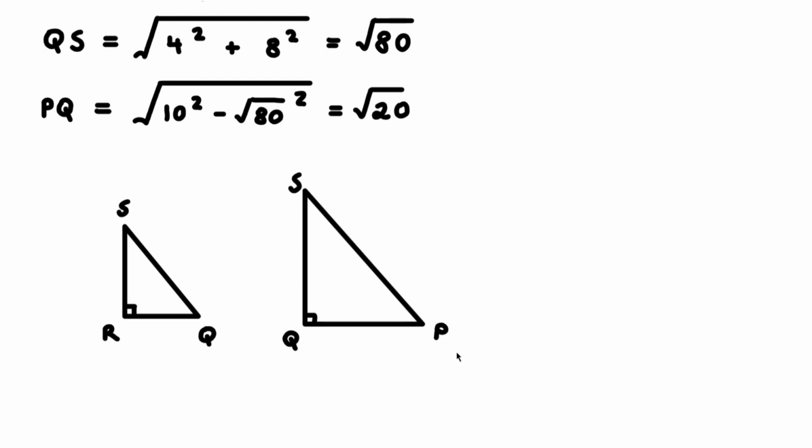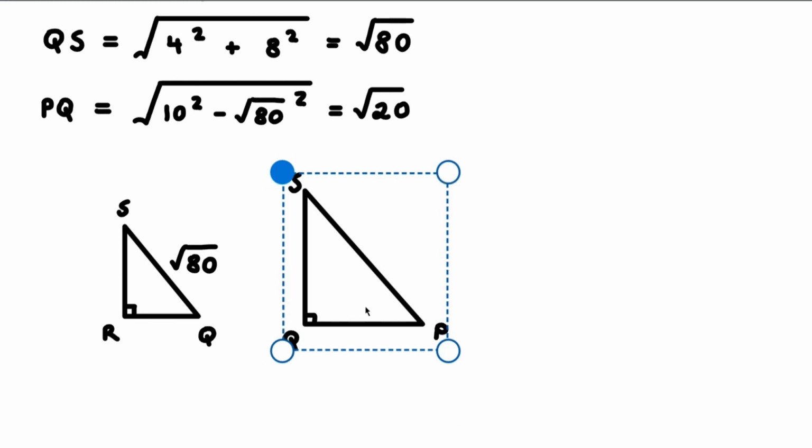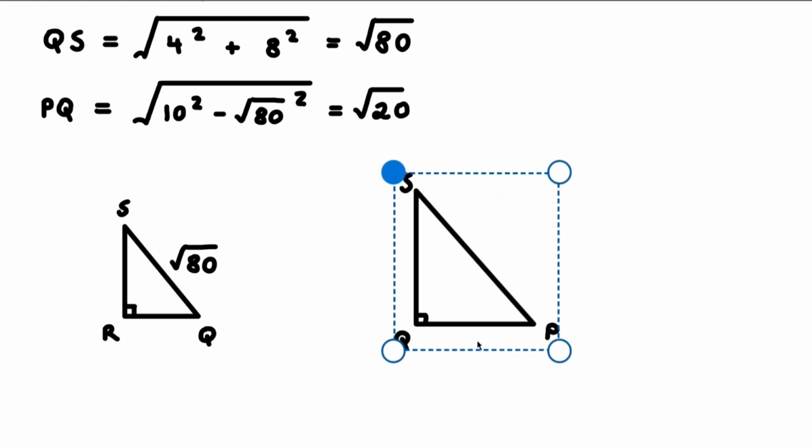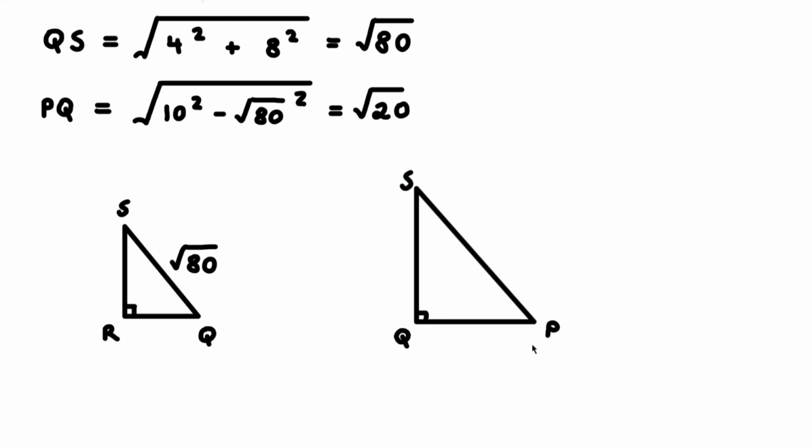So what are these lengths? I've got QS, which is root 80. So I've got root 80 here. And then I've also got the root 80 here.